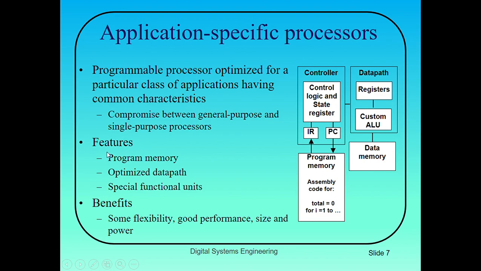So these application specific processors have some features like program memory, optimized data path, and special functional units. They also have some benefits like flexibility, but less flexibility compared to the general purpose processors, and more flexibility compared to the single purpose processors.